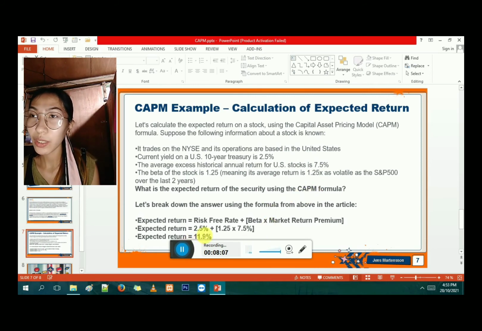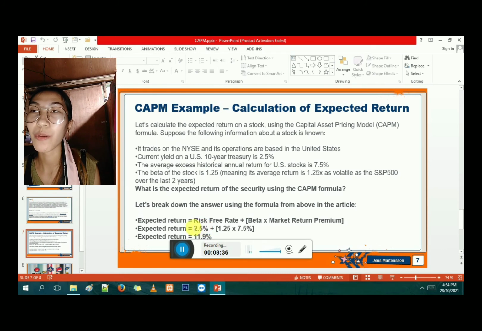When we calculate this, the expected return equals 11.9%. This is the expected return that the investors will receive after 10 years. So how did we get this 11.9%?